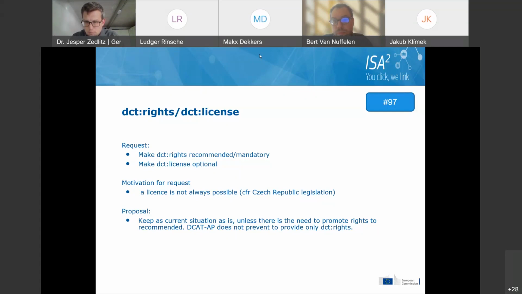Currently our record in DCAT license points to an RDF resource, which is structured in those categories, and each of those categories either says that this is not applicable at all because it is free to use by everyone, or that because we are dealing only with open data, the content is licensable and it is licensed by CC BY license or CC0 license in each of those categories. So it is a complex problem here.